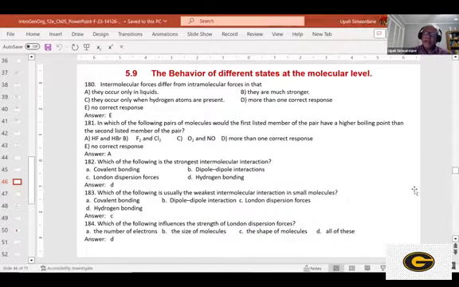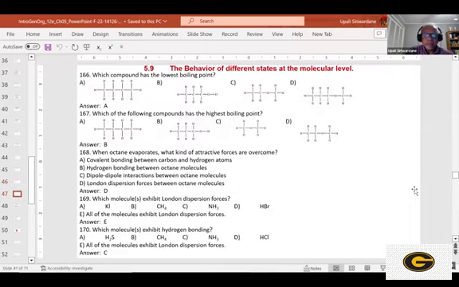So we have questions about intermolecular forces. We can look at the structure and tell what kind of intermolecular force would be present in the molecule. For example, 166.